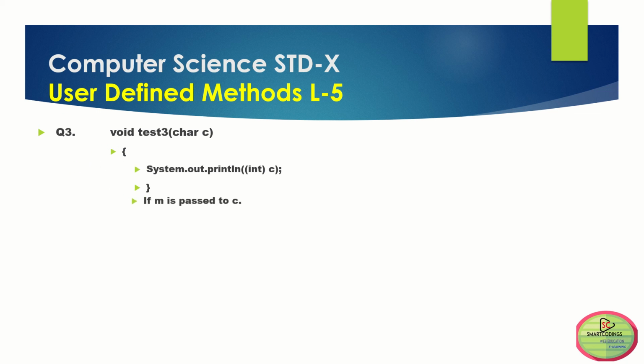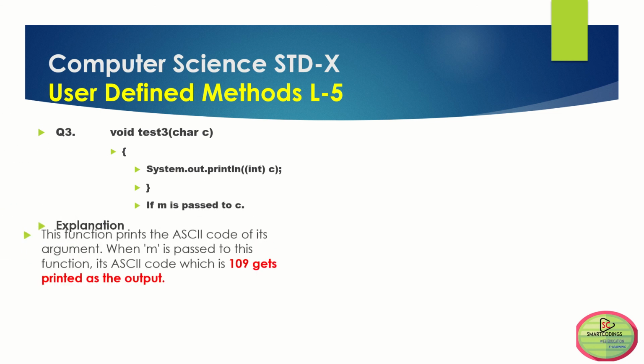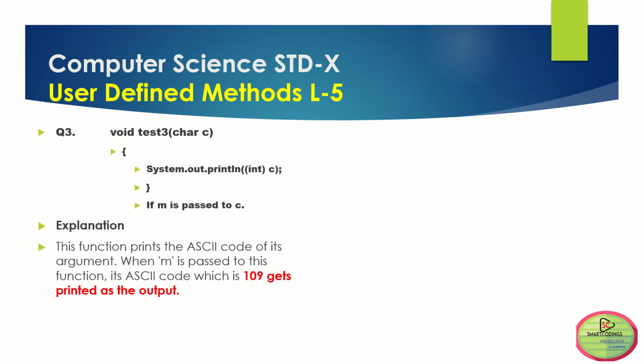So if m is passed to c, the function prints the ASCII code of its argument, right? When m is passed to this function, its ASCII code, which is 109, gets printed as the output.